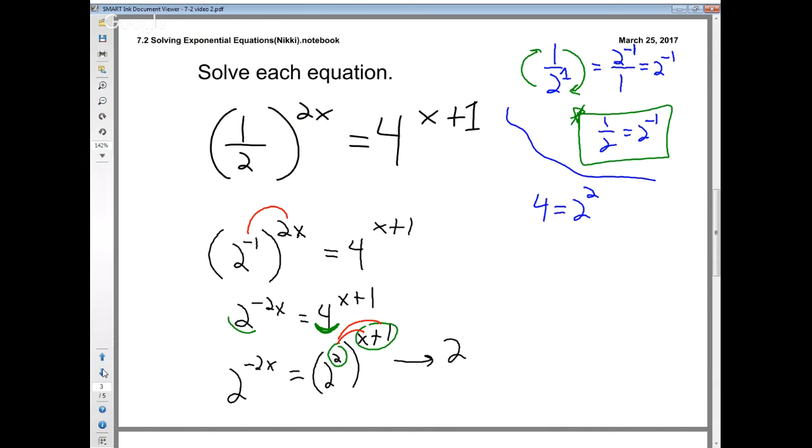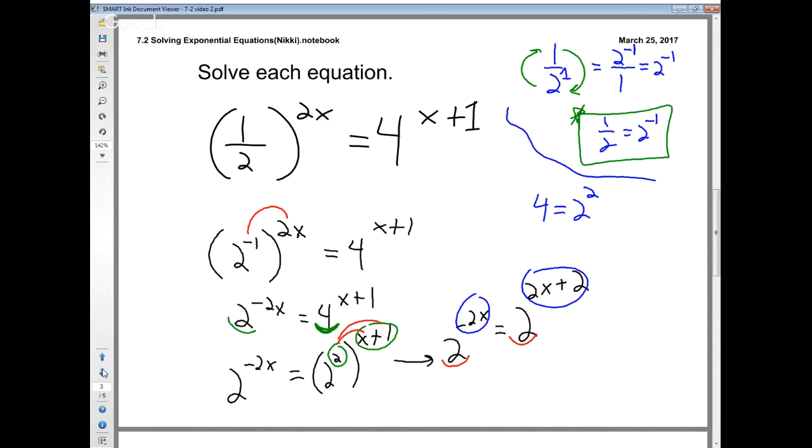We'll have 2 to the negative 2x, set that equal to 2, but now the new power will multiply that 2 times x, which is 2x, and then multiply the 2 times the 1, and that gives us positive 2. All right, we're almost done. Those bases are now the same. So let's go ahead and just set those exponents equal.